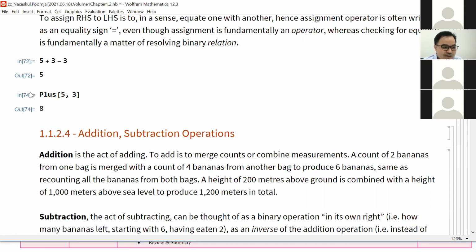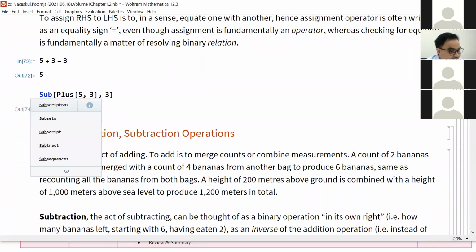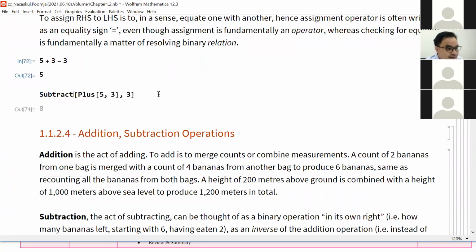Now, what's the inverse of this? It is the minus of 3. Subtract. Okay? You get 5.